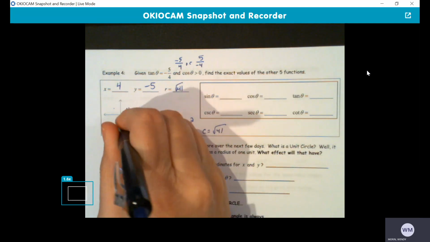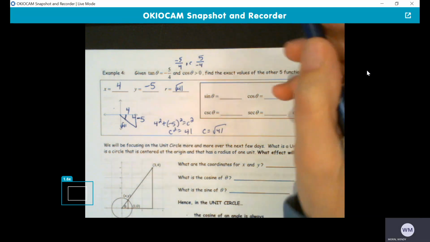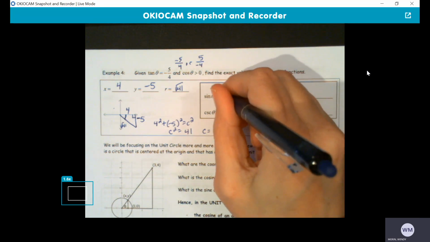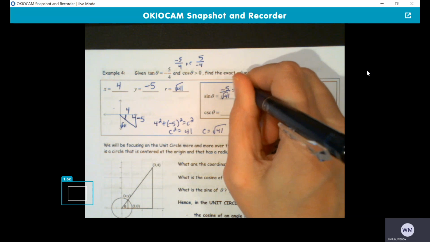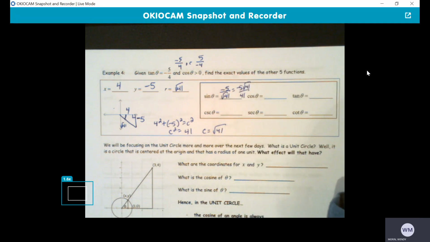So again, you can stand on your reference angle and you can do SOHCAHTOA, or you can do x's, y's, and r's. Totally up to you. Okay, so for sine, it's going to be -5 over the square root of 41, which you need to rationalize.